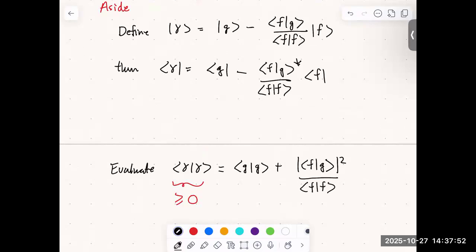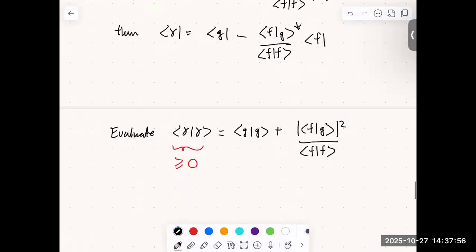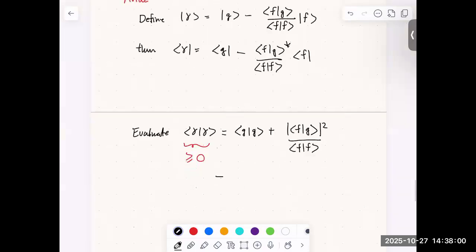All right. And so now we have the cross terms. Okay. So we're going to get minus. So let's do g with this thing. So I'm going to get the inner product of f and g, star, f f, and then we're going to get f g.